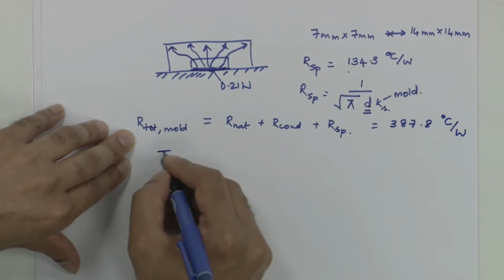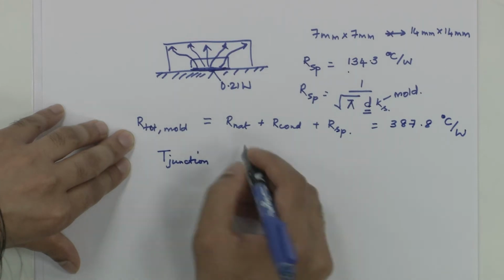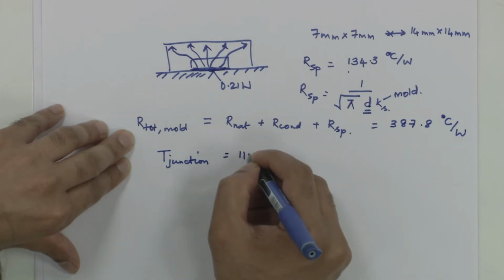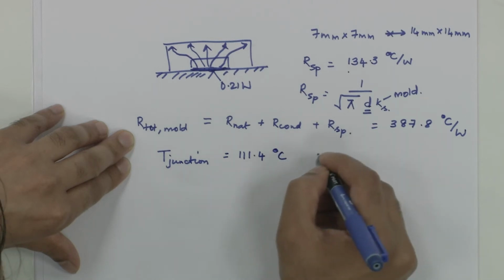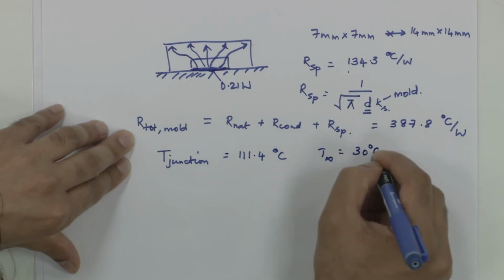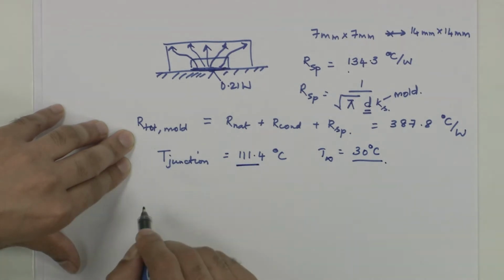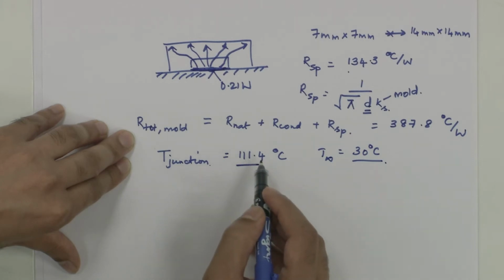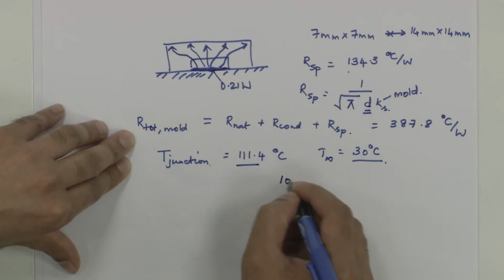So, if I calculate the T junction, it is about 101.4 degrees C with an ambient temperature of 30 degrees C. The answer says that even with the mold, the temperature has reduced, but it is not sufficient to be below 100 degrees Celsius.